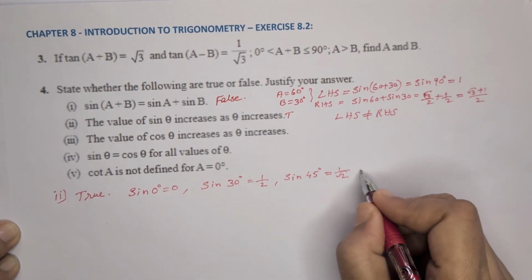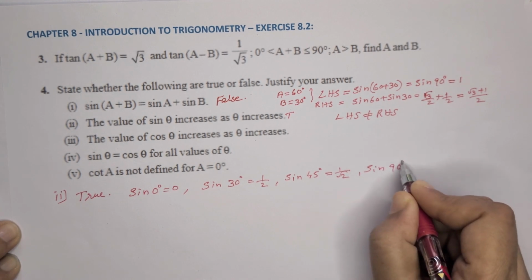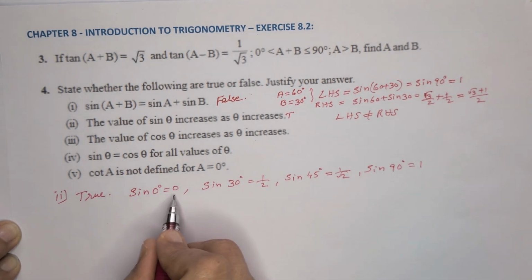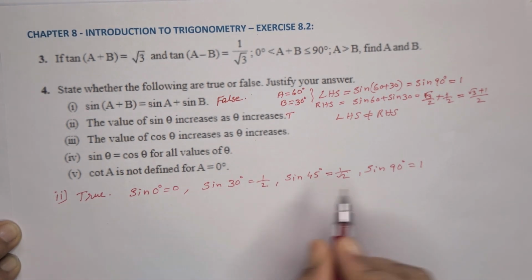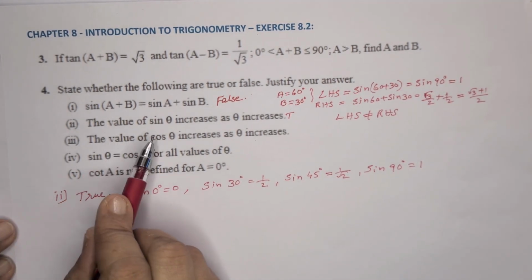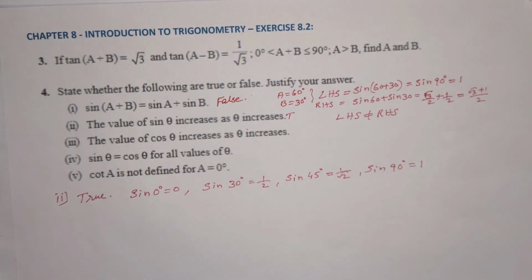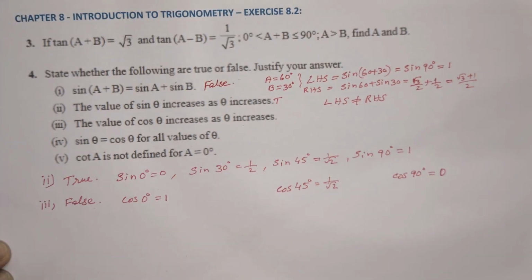Here we can see it's increasing, and sin 90 is equal to 1. So sin 0 is 0, sin 90 is 1. It's increasing. When theta is increasing, the angle is increasing, the value of sin theta is also increasing.